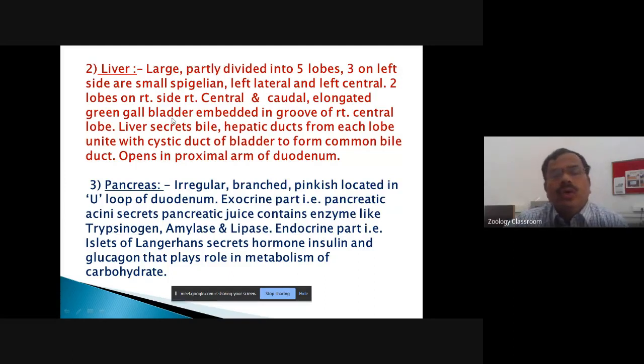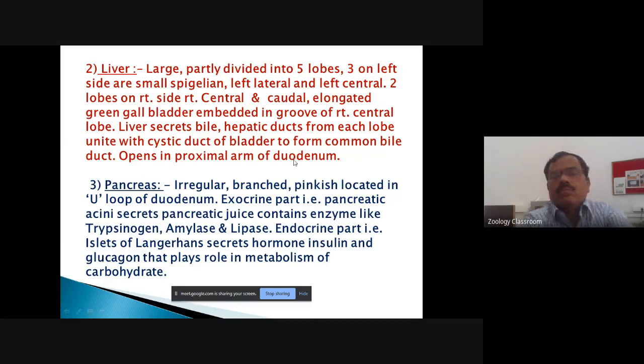Okay, so the liver secretes bile and the hepatic ducts from each liver lobe collect the bile and unite with the cystic duct of the bladder to form the common bile duct, and this common bile duct opens into the proximal arm or the initial portion of the duodenum. So the secretion of the liver, that is the bile, is poured into the proximal portion of the duodenum.